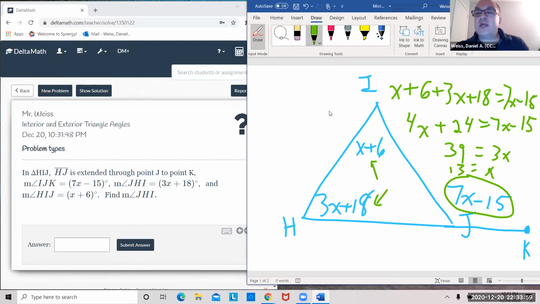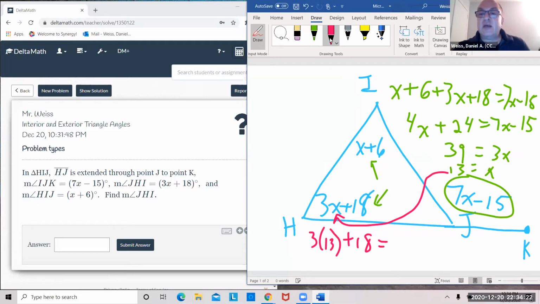Once you get x equals 13, it says what's angle JHI? Well, right here, I take 13 and stick it in for x. 3 times 13 plus 18. 3 times 13 is 39. 39 plus 18 is 57.